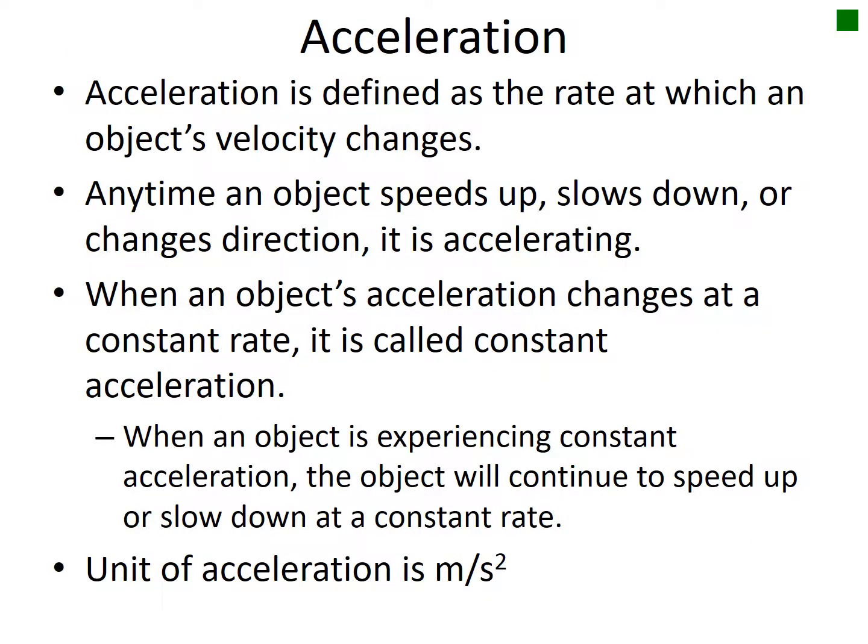Okay, so acceleration is defined as the rate at which an object's velocity changes. Anytime an object speeds up or slows down or changes direction, it's accelerating. When an object's velocity changes at a constant rate, it's called constant acceleration.